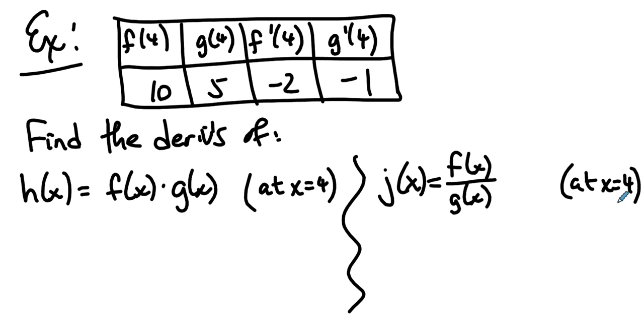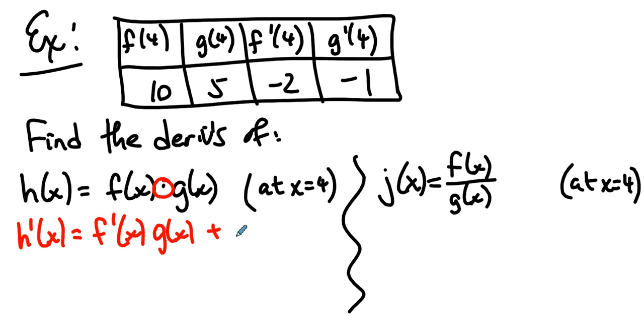4. So we want to demonstrate that we know the mechanics behind the product rule and the quotient rule. The product rule is 1 prime 2 plus 2 prime 1, right? That's how this works.